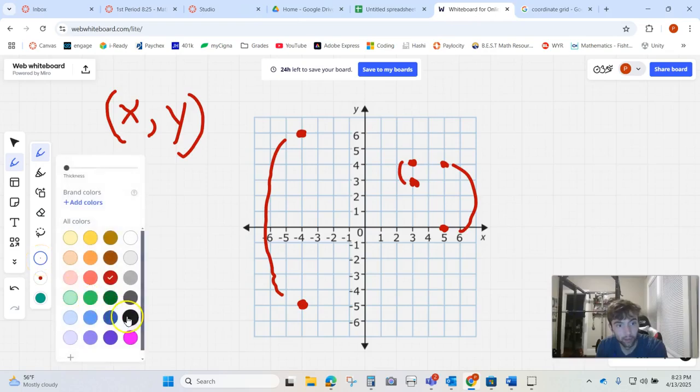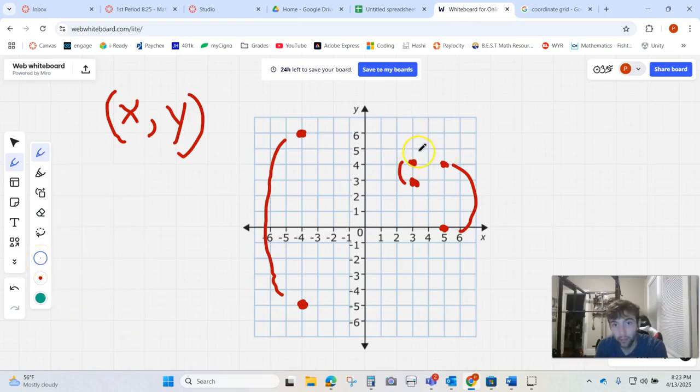So for this dot, we have 3, comma, 4. Go over 3, up 4. This dot, we go over 3 and up 3. 3, comma, 3. Here we go over 5, up 4. Here we go over 5, up 0.